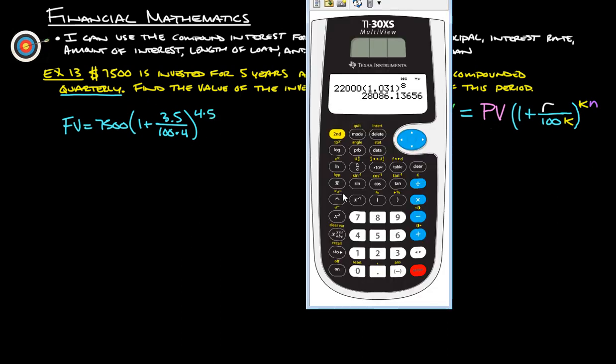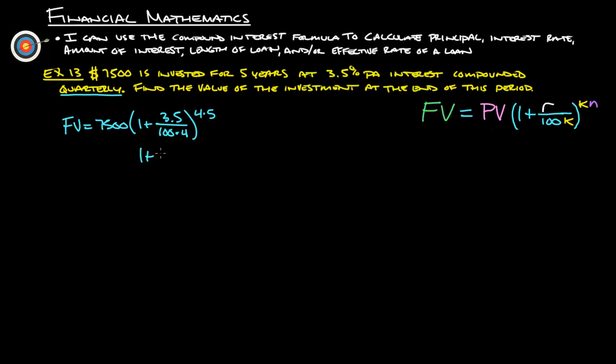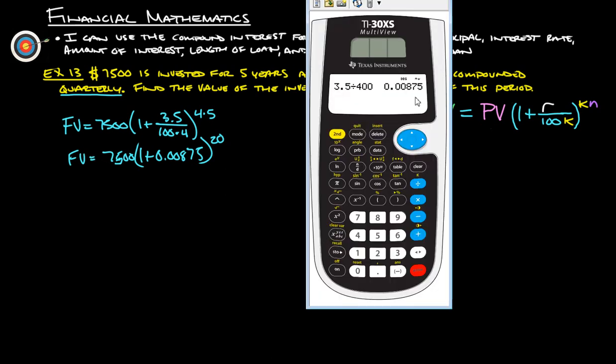Let's simplify this first so we can make it look a little nicer. We've got 3.5 divided by 100 divided by 4, which is 0.00875. So 7,500 times 1 plus 0.00875, all to the power of 4 times 5, which is 20. And that is our future value. Back to our calculator, we can just enter this all in.